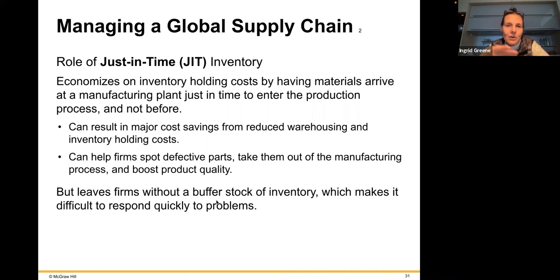And that's why the author, if you watch the video in the textbook, talks about how the pandemic was really problematic, that all of a sudden people weren't able to get their Amazon packages, lots of different things, because we don't keep as much inventory in the US potentially as we do in China.